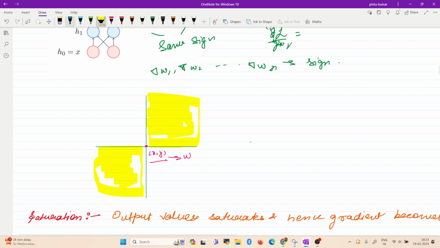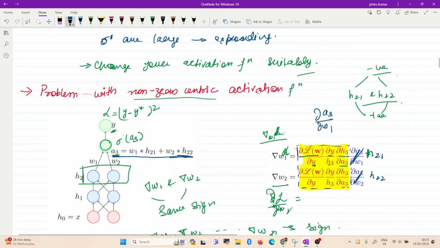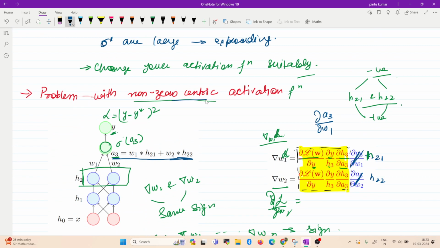You cannot move to these other points starting from this point, if you have a non-zero centric activation function. So let's say your optimal point lies in this region, you can't reach there. This restricts the movement of your weights, so you can't freely update them. That's why this is a problem with non-zero centric activation functions.